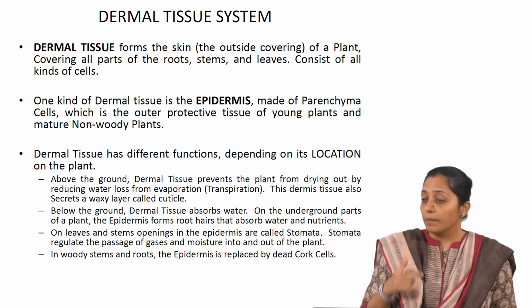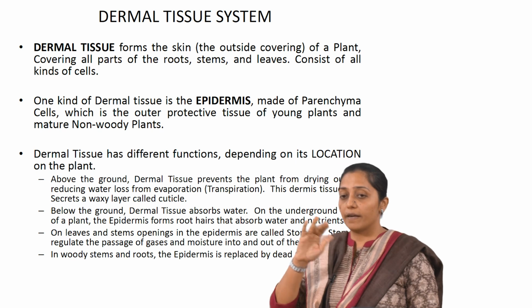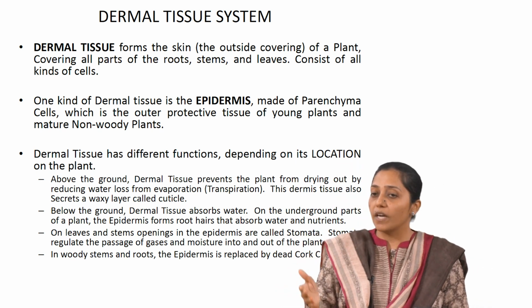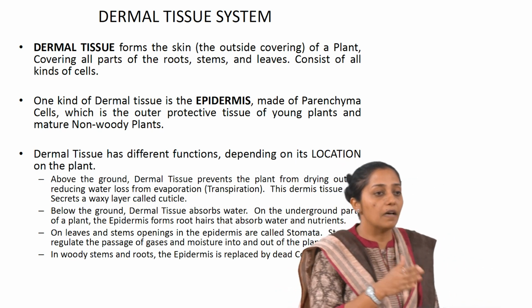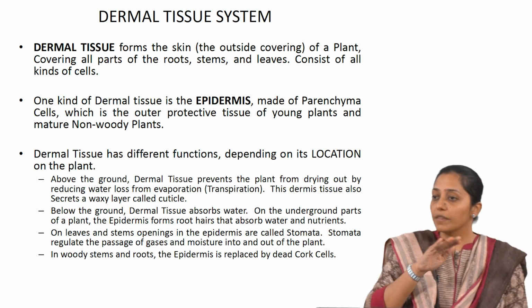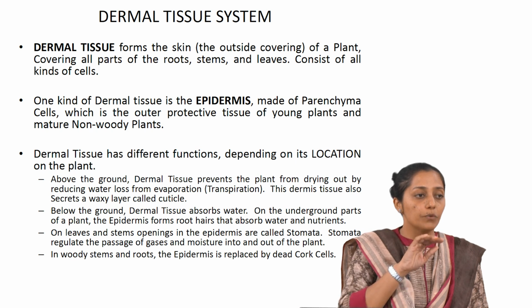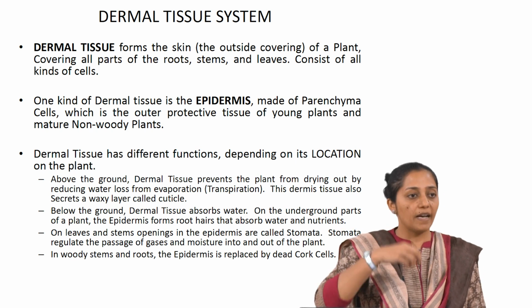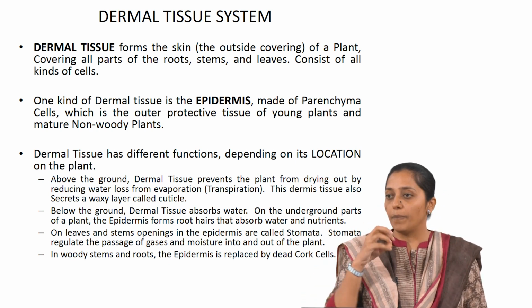Then on leaves, depending on the location at which it is present on the plant, the function and the structure varies. For example, on the surface you will find cuticle, the waxy layer or waxy compound.